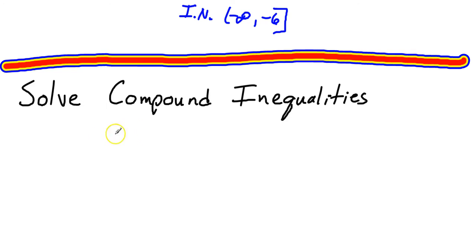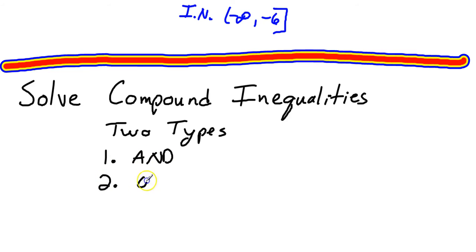And you have basically two types. Type 1 is an AND statement. Well, actually, we'll use the word and. Type 2 is an OR statement.